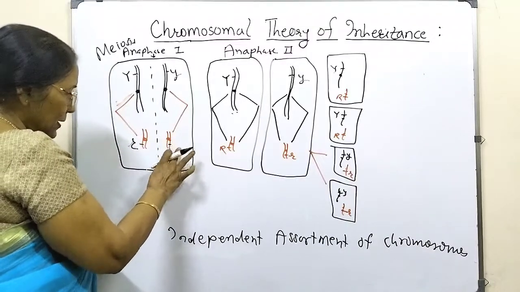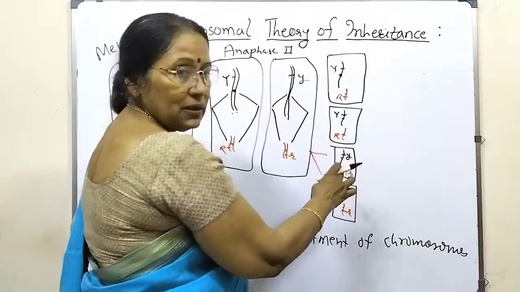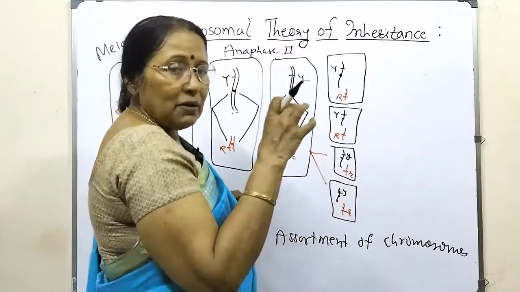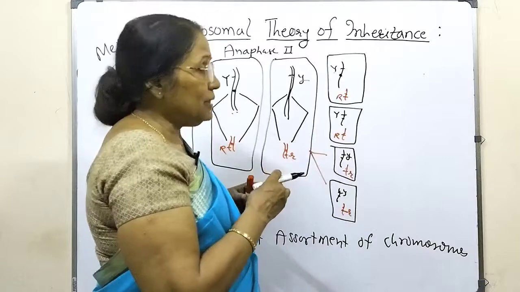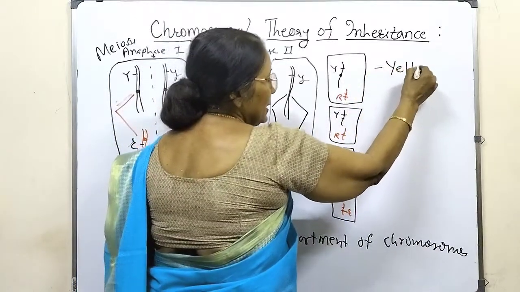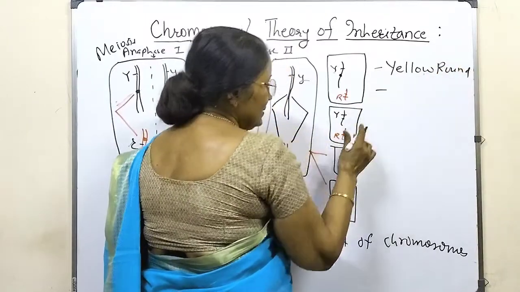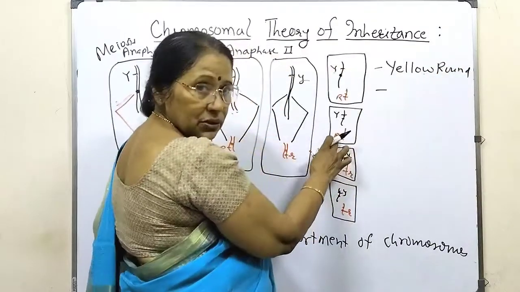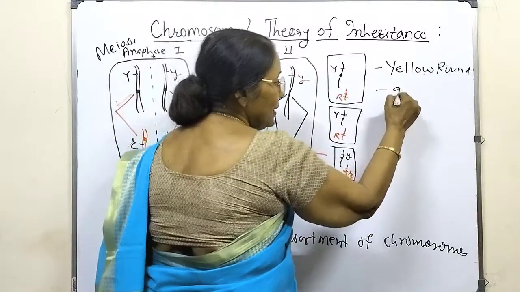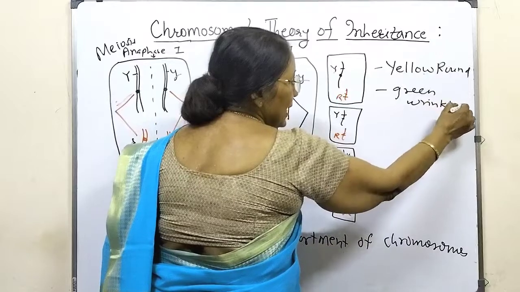This is r, this is capital R. First we will write the names of these 2 types of gametes, then finally we will get the other 2 different types of gametes. What we got: this is yellow round, this is also yellow round, this is green wrinkled. These 2 types we have obtained.